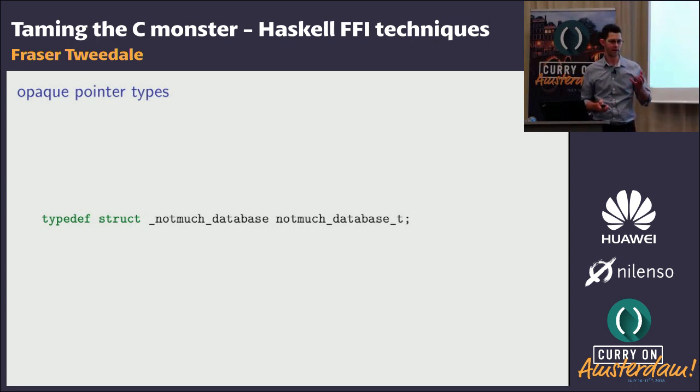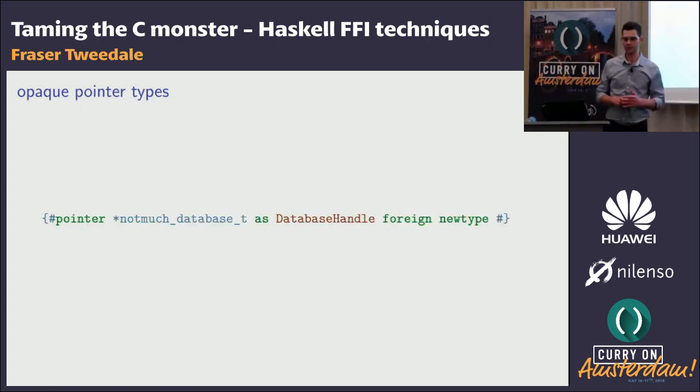Notmuch uses opaque pointers in its public interface. So we want to define Haskell data types that represent the different data types in libnotmuch, but all we have is a pointer. In the header file, we have this typedef struct, notmuch_database_t. So the type we have is notmuch_database_t. We don't get to see what is inside it. We use the C2HS pointer hook to define a Haskell data type corresponding to this database handle.